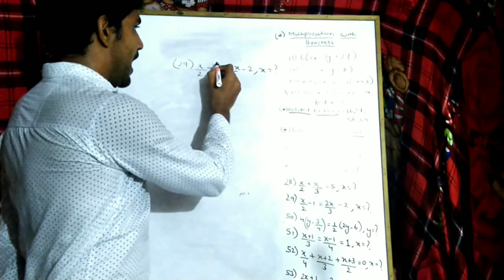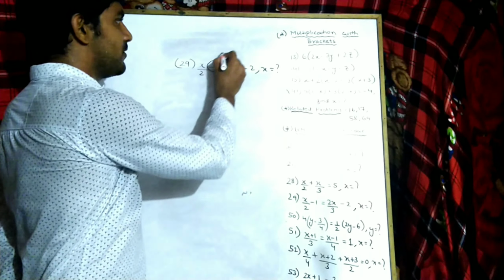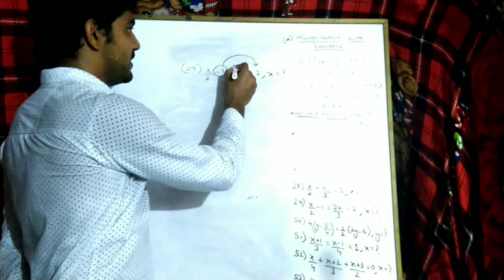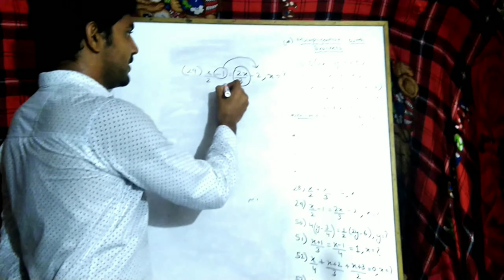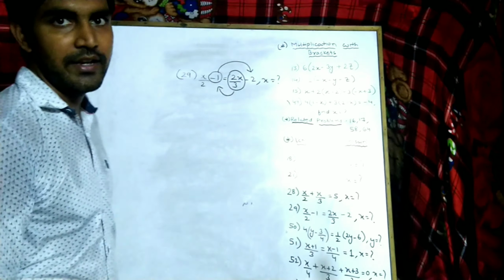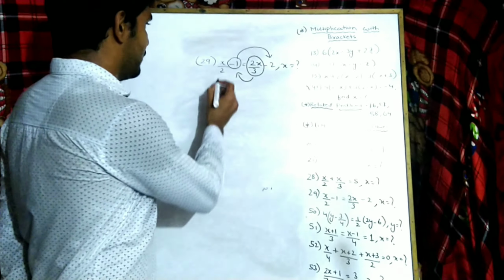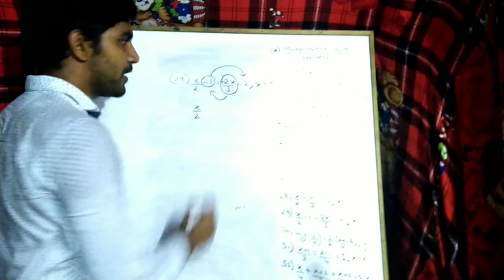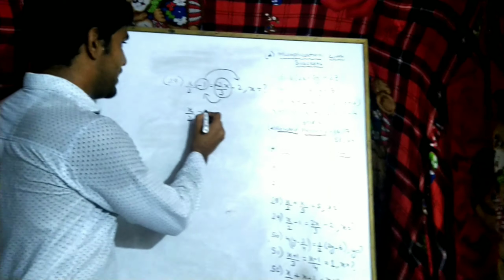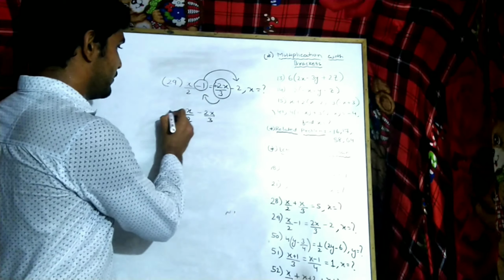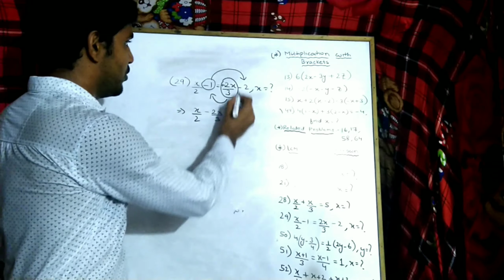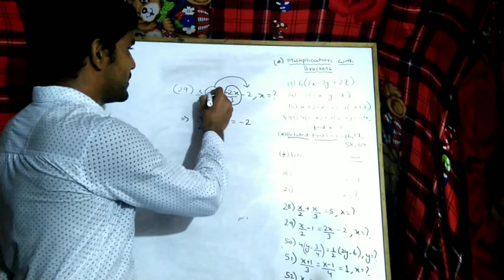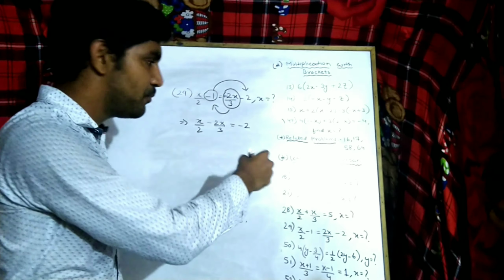So I will send this minus 1 to that side, and this one I will send to the left side. So x by 2, this plus goes to that side and becomes minus 2x by 3, is equal to minus 2. This minus goes to that side and becomes plus 1.